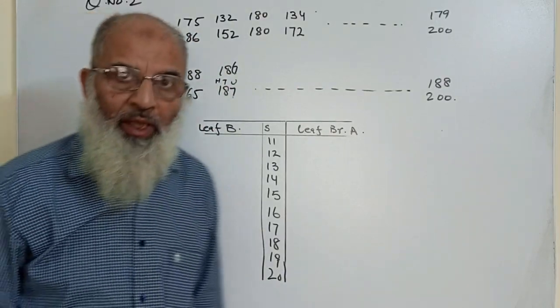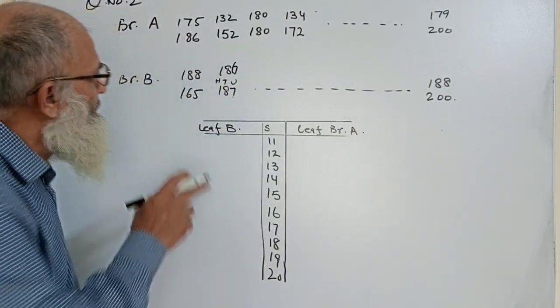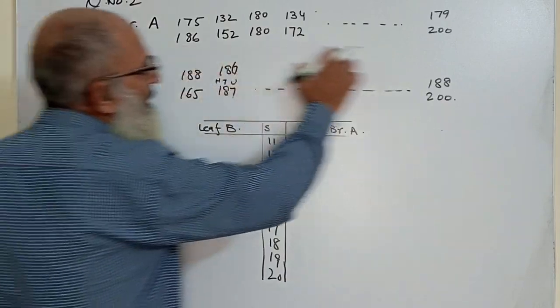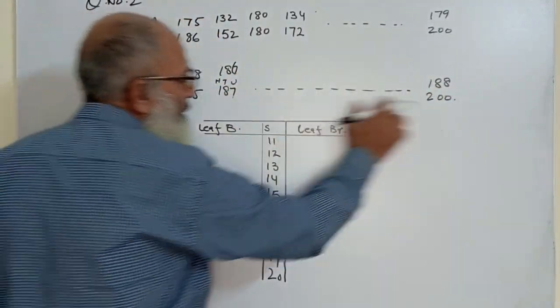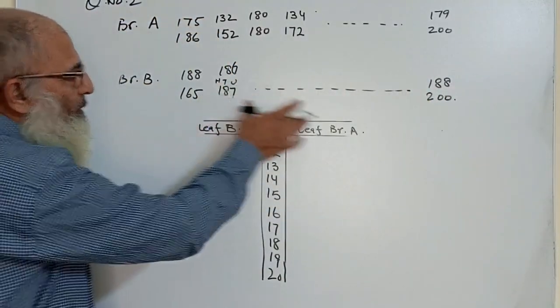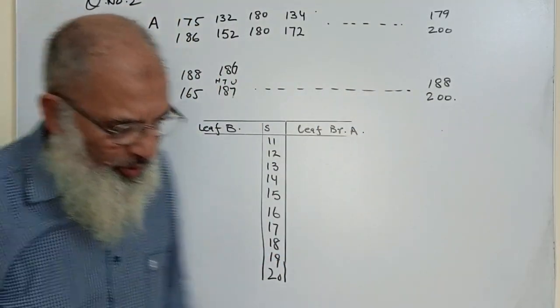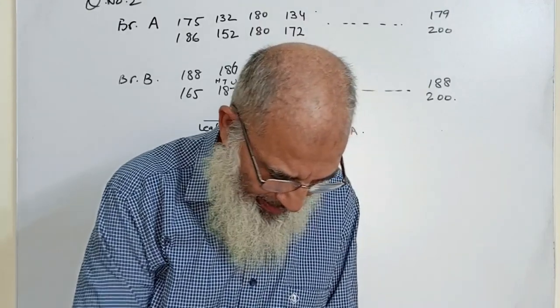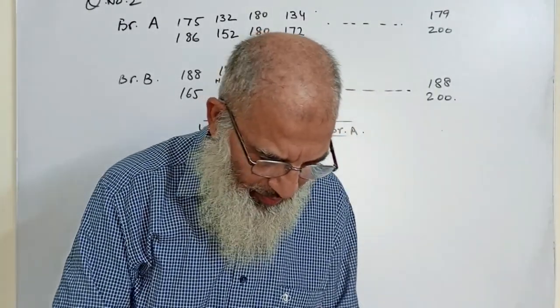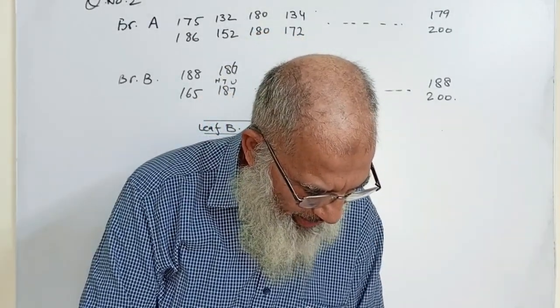Now, from the data provided to you in the book, this is not written in full over here, so I have to take the book and see what the data is saying to me.